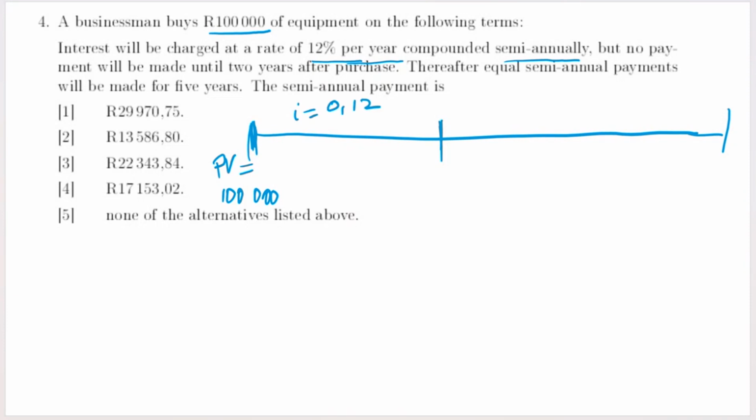0.12, and then you are told it is compounding semi-annually, so your M is equal to 2. And then unfortunately you don't know your future value here. You only start making payments after 2 years.